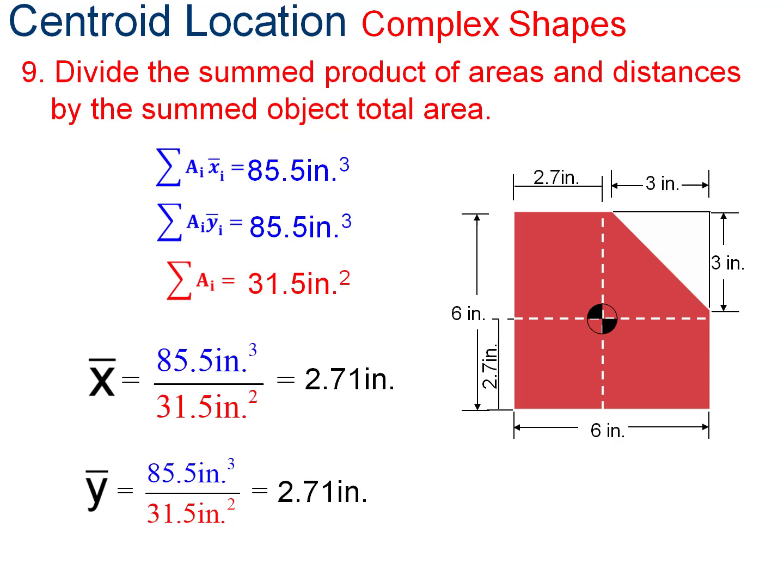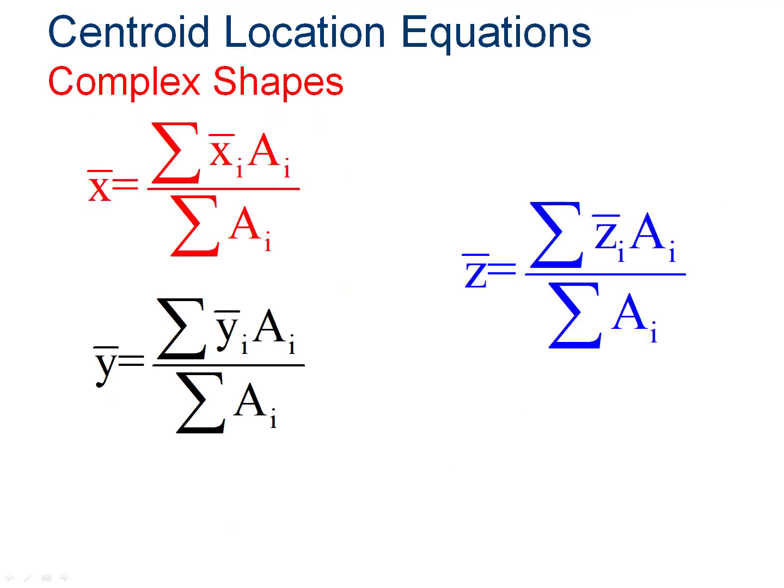Notice the line of symmetry again. Pretty straightforward. So whether you use the additive 9 steps or the subtractive 9 steps, the process is almost identical. And we're always using this formula.